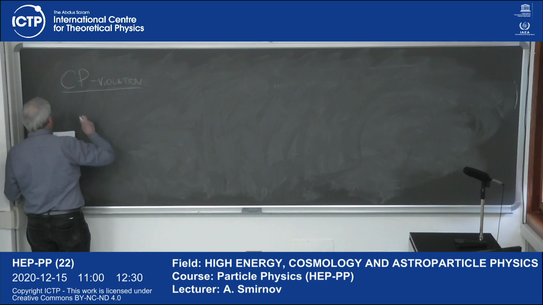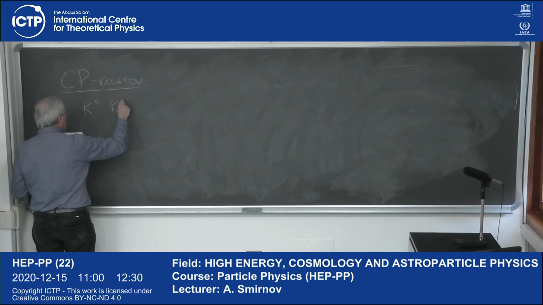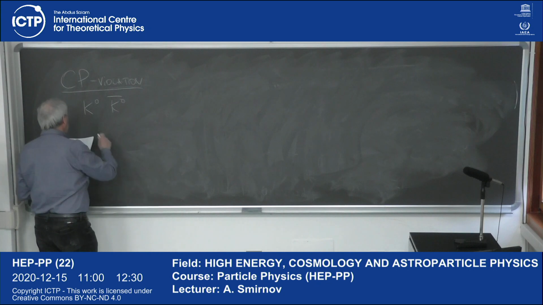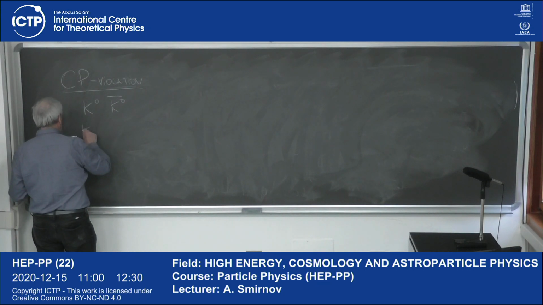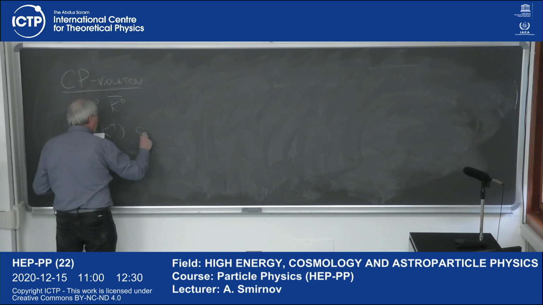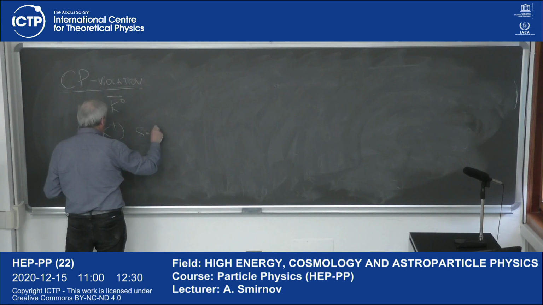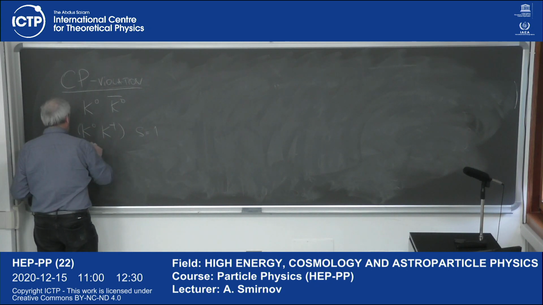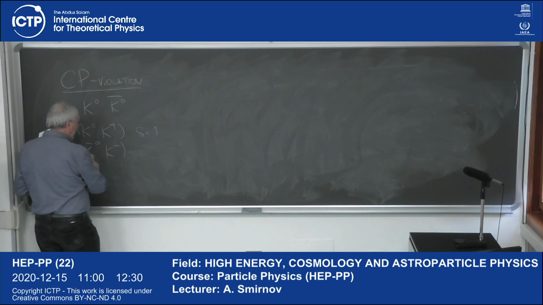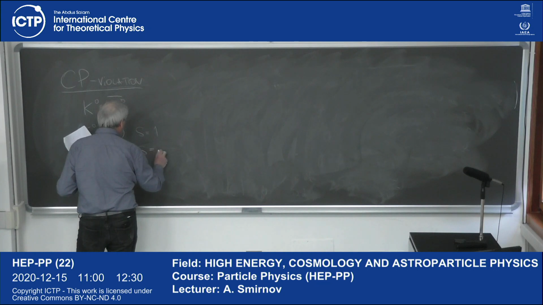That has been discovered in the system of K0 and K0 bar. So remember, these are mesons with strangeness, so that K0 and K plus form an isospin doublet. And they have strangeness +1, while K0 bar and K minus again form an isospin doublet, they have strangeness -1.